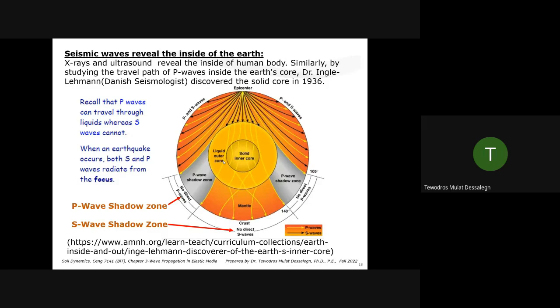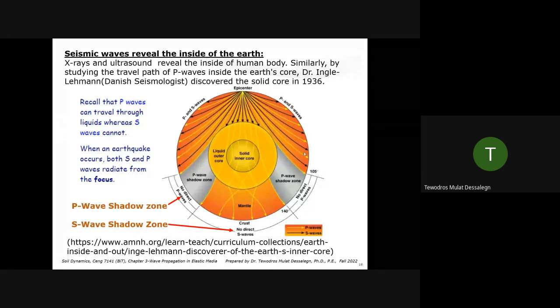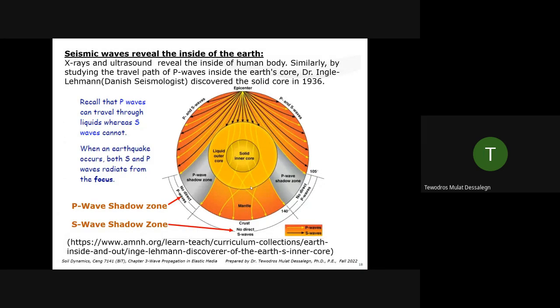Even the P wave, because of the bending through the liquid, bends away, and there is a region. This gray region is the P wave shadow zone, which means you don't see any P wave. And in this entire area, you don't see any dark arrow. That's called no direct S wave, or the S wave shadow zone. So about half of the world, you don't see the S waves.